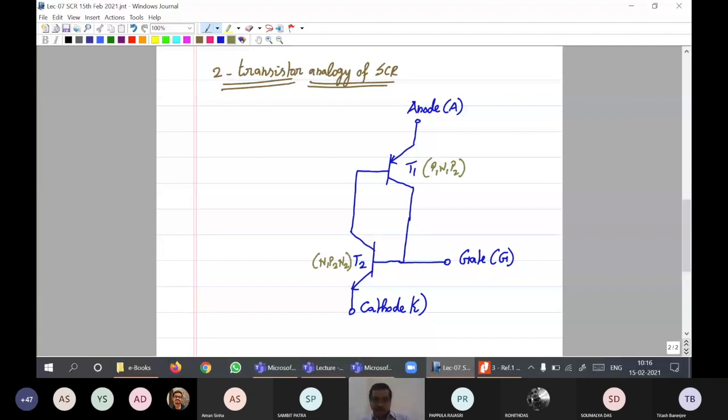I will now draw the PNPN structure towards the right so that you can correlate how this configuration is obtained. P1, N1, P2, N2. This is just a repetition, obviously for additional clarity. Anode, cathode, gate. Now the partition or split happens here.